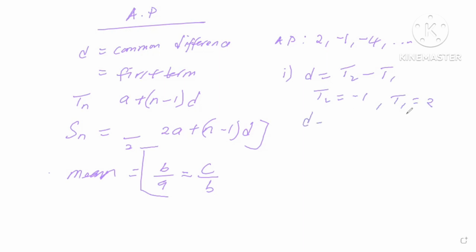D is equal to T2, which is -1, minus T1, which is 2. So what is -1 minus 2?